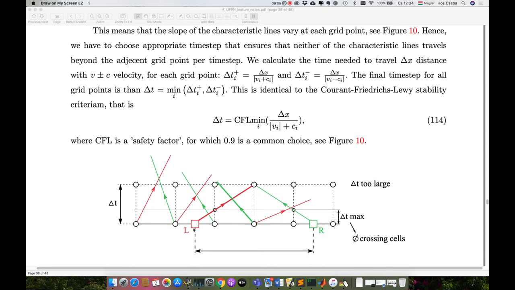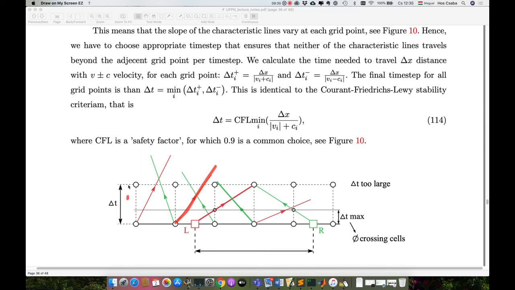So this means that all our characteristic lines are changing, the slopes are changing, both the C plus and the C minus lines. So first of all, we have to be careful with the time step. The time step must be chosen in such a way that neither of these characteristic lines, so for instance this one, goes beyond a grid point.